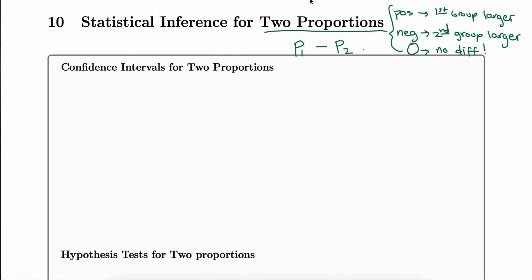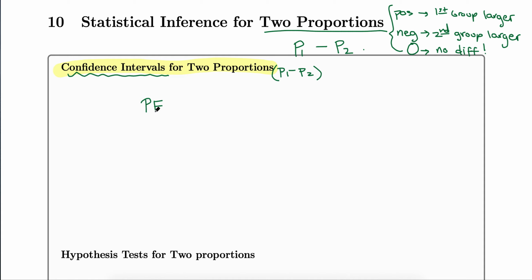So let's start with our familiar process of confidence intervals. Confidence intervals for two proportions, and specifically, we're going to be talking about a confidence interval for their difference. Remember from the last video, whenever we are talking about confidence intervals, your mind should immediately go to the three things we need every time.